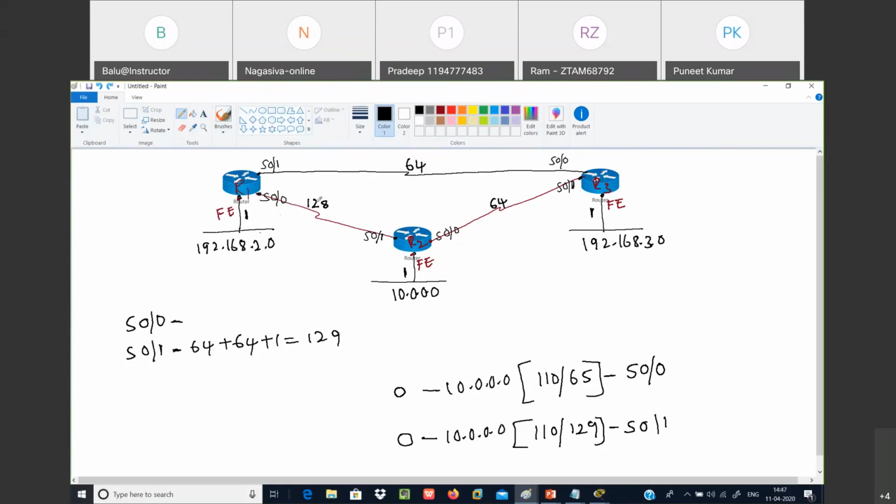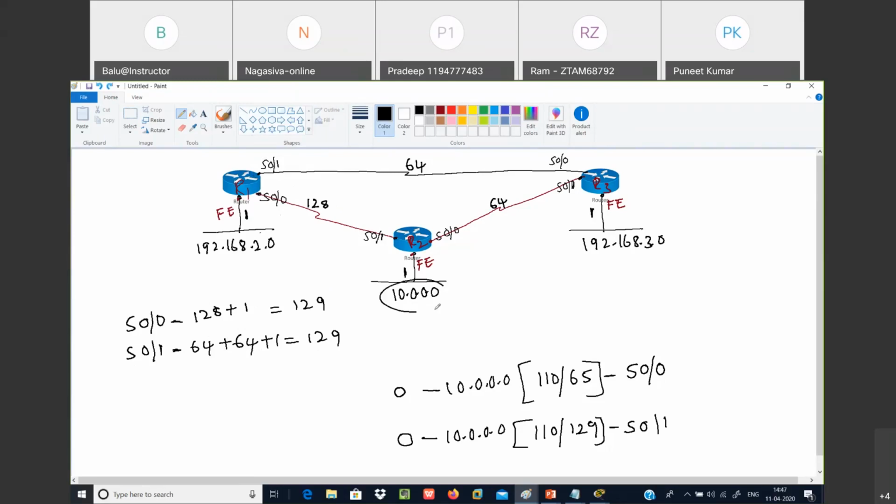Cost value is 128 for the WAN link. Yes, 128 plus 1, the cost is what? 129. Now what about the serial 0/1 link, the backup link? The 0/1 link is 64 plus 64 plus 1. Total cost is 129.